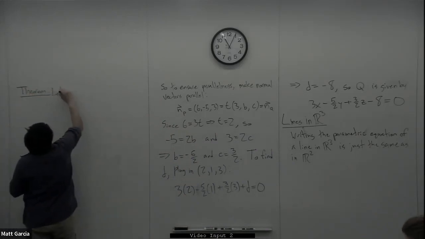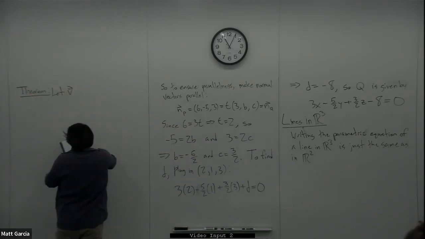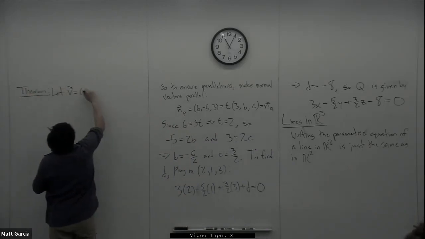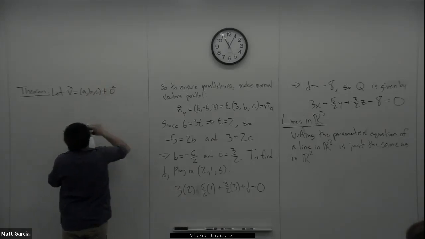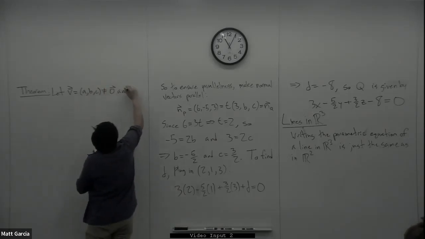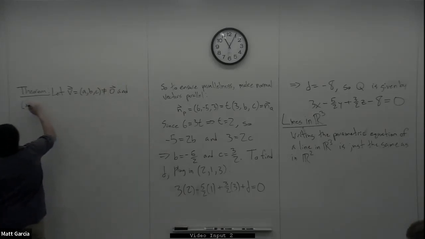So let's let v be a vector (a, b, c), which is not the zero vector, and (x naught, y naught, z naught) a point.